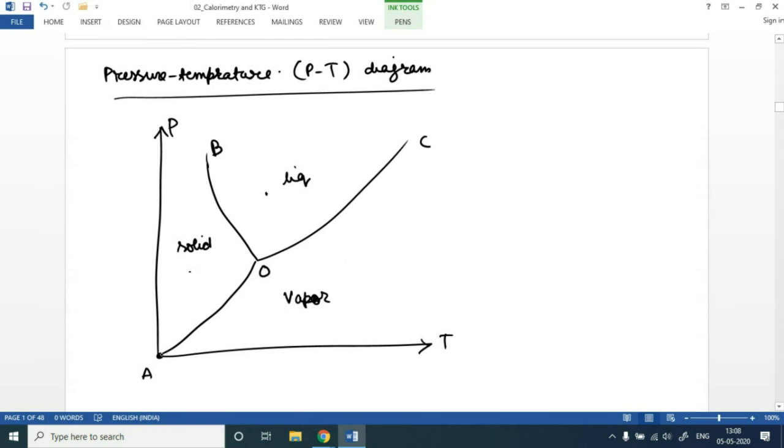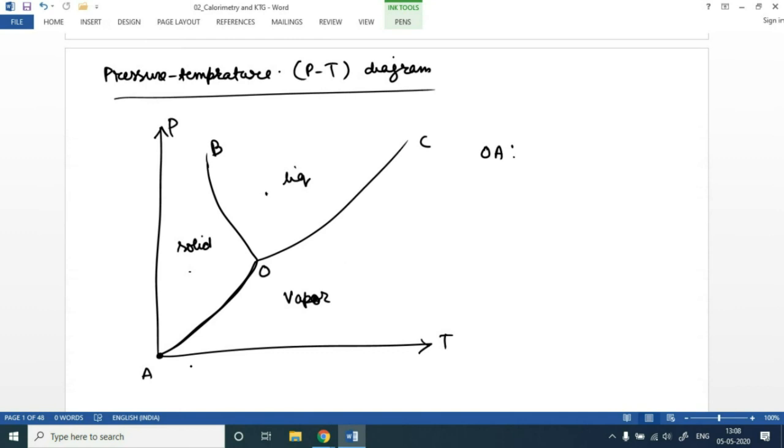So what can be the case? For example, if it lies on this curve OA. What is OA? You should realize this is the boundary between solid and vapor phase. So on this line OA, solid and vapor can coexist. Like in the previous example, we saw that at 0 degrees Celsius, at 1 atm pressure, ice and water were coexisting.